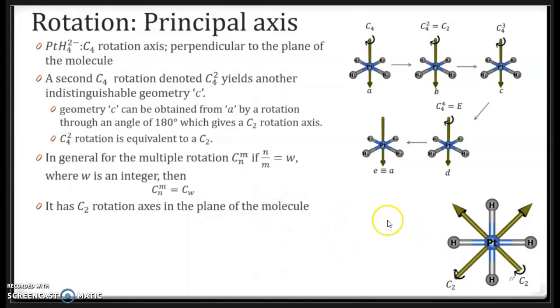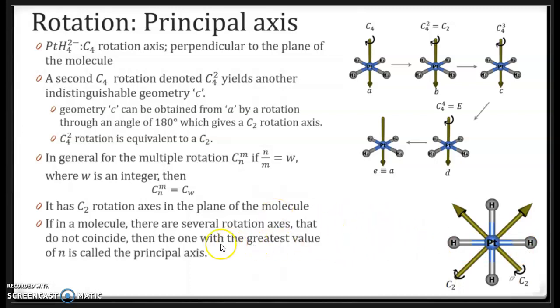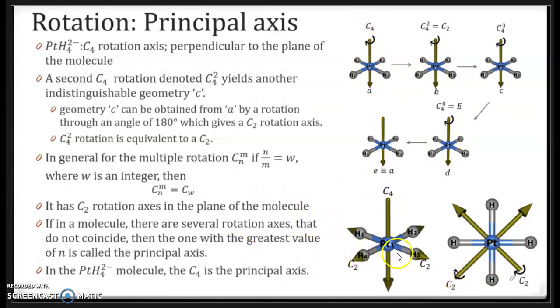So if in a molecule there are several rotation axes, so we have a C4 here, so in our platinum molecule, we have a C4 that is perpendicular to the plane of the molecule. We have a C2 axis that coincides with the H-Pt-H bond, another one that coincides with this H-Pt-H bond, and then there's this one here, and then this one here.